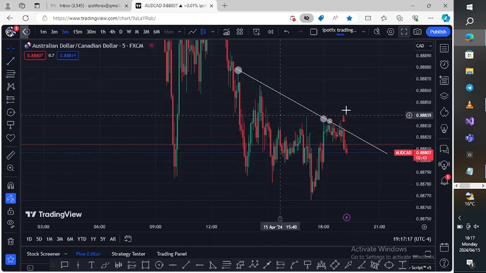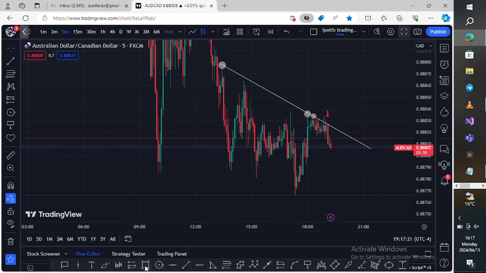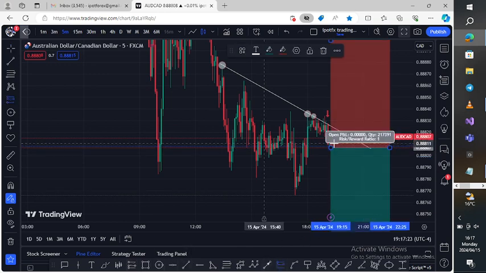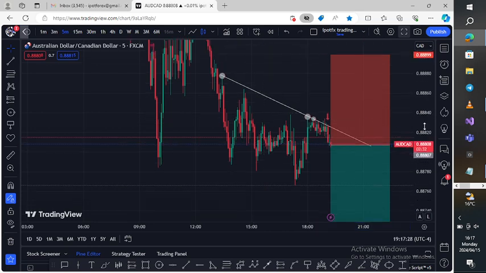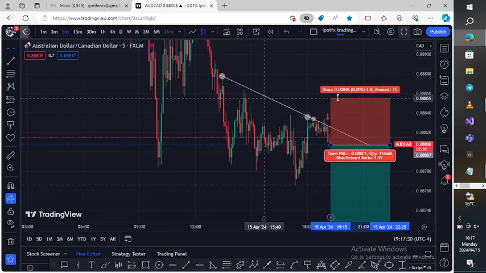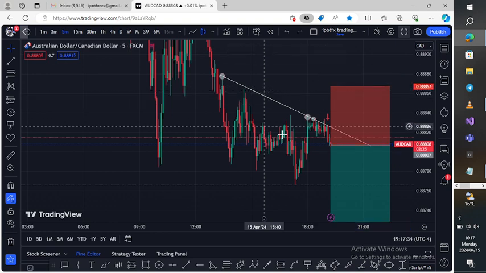So this might be a rejection area zone. So it means that currently sales are valid from here. Before I can even go further, sales are currently valid from here, and the stop loss will literally be the price above that. Just let's make it 6 points, which is a very reasonable stop loss.